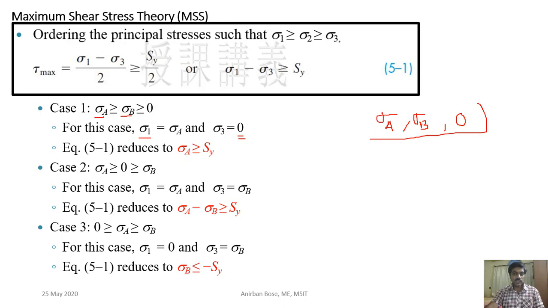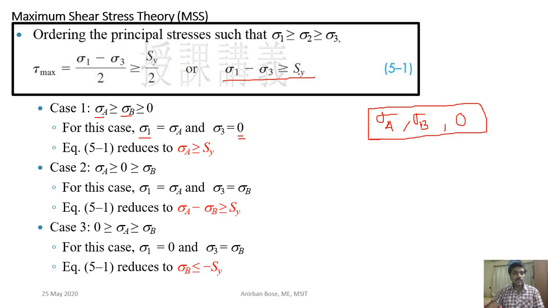These are the three values of sigma 1, sigma 2, sigma 3, but which one will be which depends upon their magnitude and sign. If this is the condition, you just put the values of sigma 1 and sigma 3 and you will get the condition.